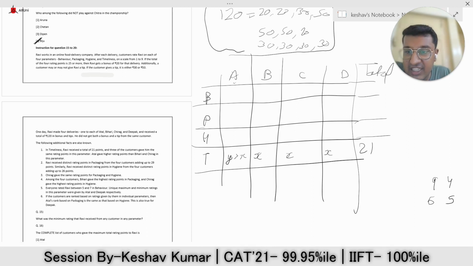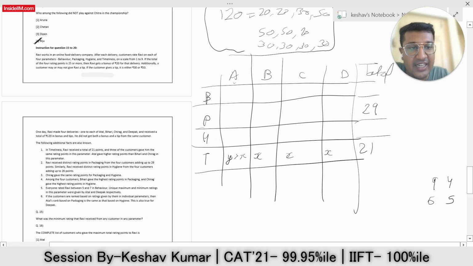Ravi received distinct rating points in packaging from 4 customers, adding up to 29 points. Packaging 29 points, and they all are distinct. Similarly, Ravi received distinct rating points in hygiene from 4 customers, adding up to 26 points. Let's say highest: what can be the highest sum of the 4 distinct integers?